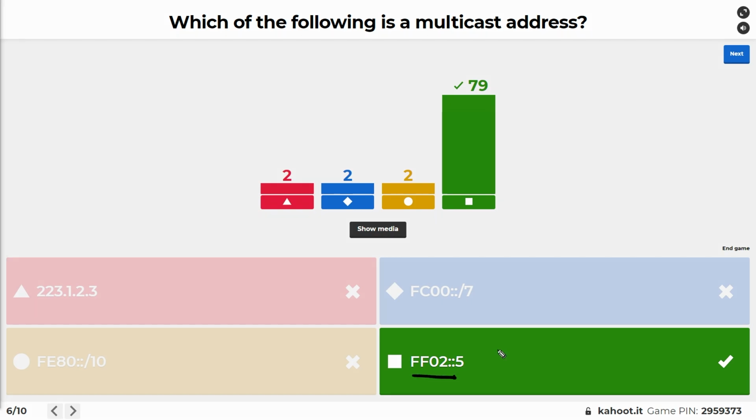As a reminder, if it starts with FF, it's multicast in IPv6. The 02 in scope refers to the local segment, so it's not routable outside that local network. The last part, 1, is for all IPv6 interfaces.